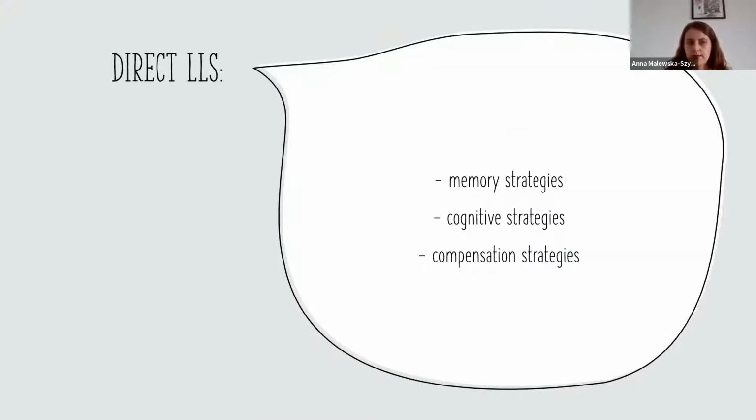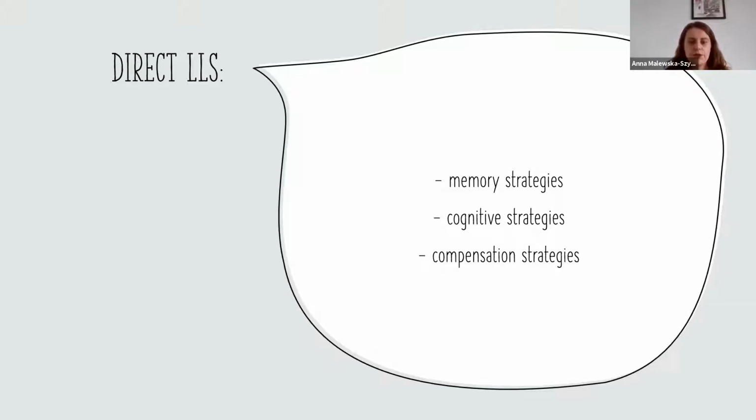So those direct language learning strategies are memory strategies. So those which are connected with learning new material, storing it, yes, accumulating it. Then cognitive strategies, so comprehending, understanding the things that we learn. And compensation strategies. So whenever we have some problems with understanding something, we try to compensate.